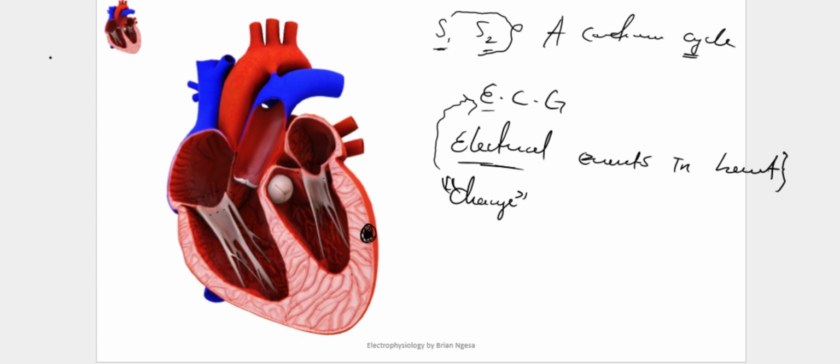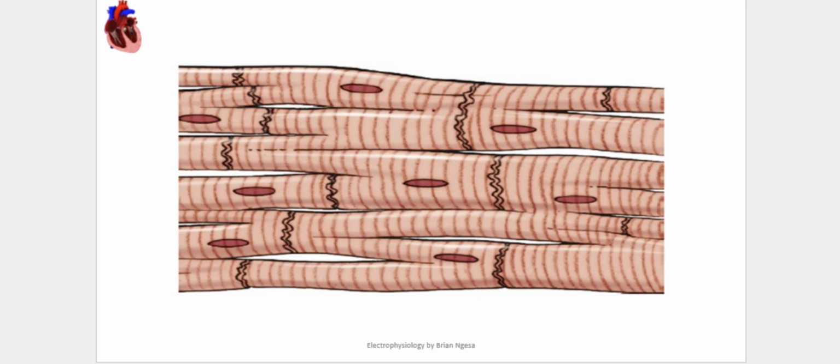To be more precise, now that we are talking about electrophysiology, specifically of the heart, our focus will be on the muscles and also on the conductive system. For example, if you were to take a single point of the muscle, this is what we'll end up with: a sheet of cardiomyocytes.